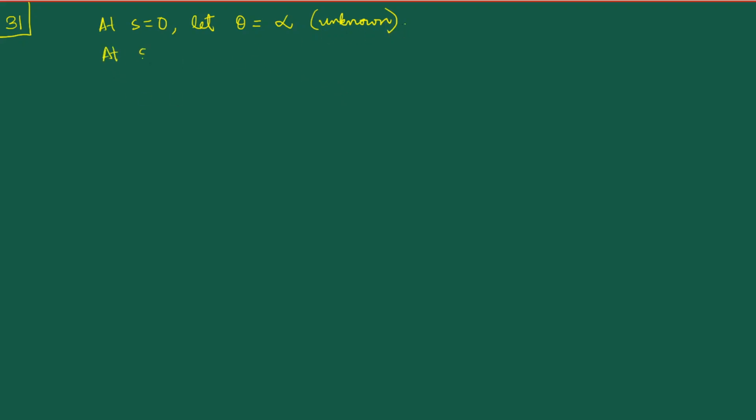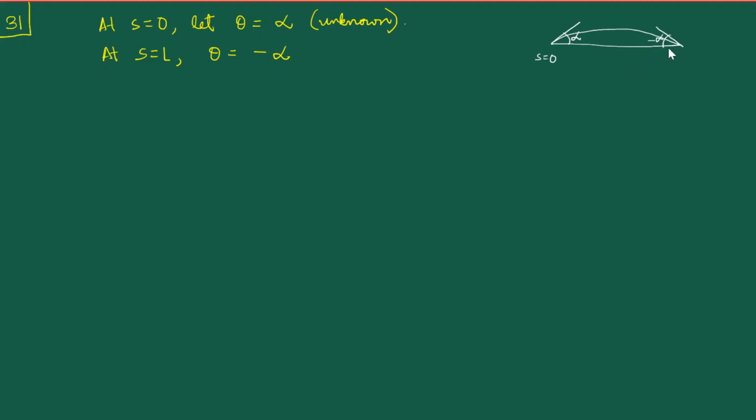Therefore, what we can say at s equal to L is that theta should be equal to minus alpha. The reason we say that is if you consider this beam or rod and then you consider the deformation like this, then at s equal to 0, if you have this angle alpha, this angle is minus alpha.